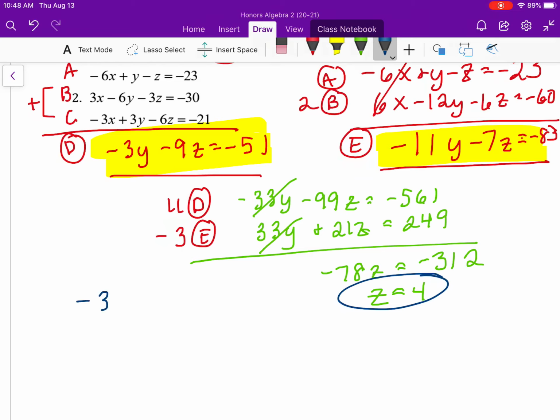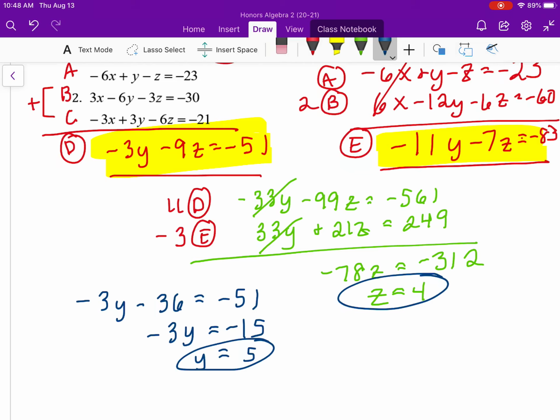I think I plugged it into D when I was doing this. So let's plug z equals 4 into D. We would get -3y minus, let's see, 9 times 4 is what, 36? Equals -51. -3y equals -15. So y equals 5.